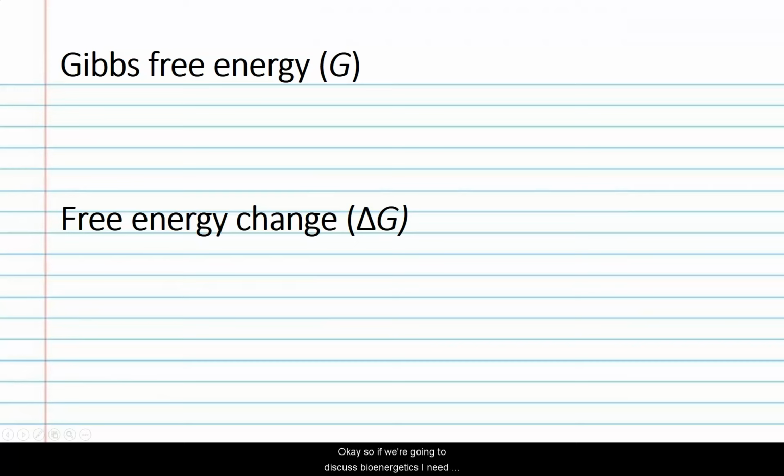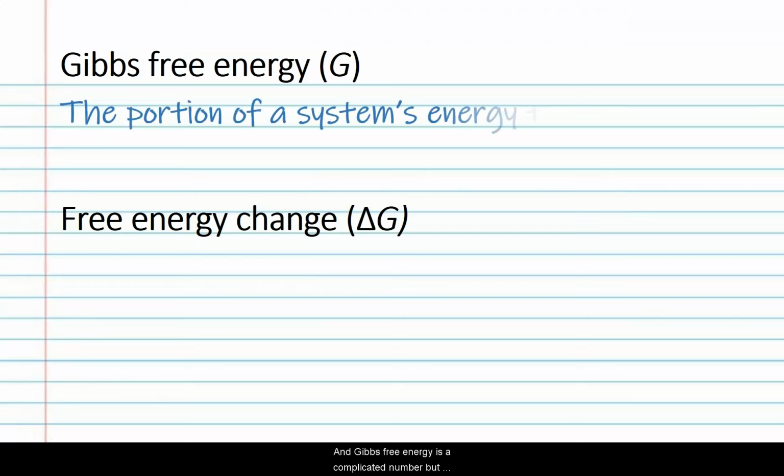Okay, so if we're going to discuss bioenergetics, I need to define for you a couple of terms that define energy within chemical reactions. The first term that I need to give you is Gibbs free energy, which is just G. Gibbs free energy is a complicated number, but really what you need to know about it is that it describes the energy of a chemical system.